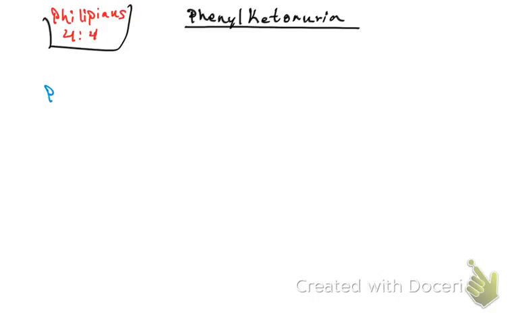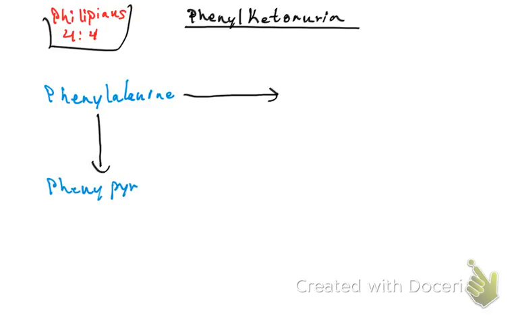So we have, for example, phenylalanine. Phenylalanine has two ways to go. Let's start with the bottom one. One of the ways phenylalanine can go is to phenylpyruvate. Phenylpyruvate gives you two results.